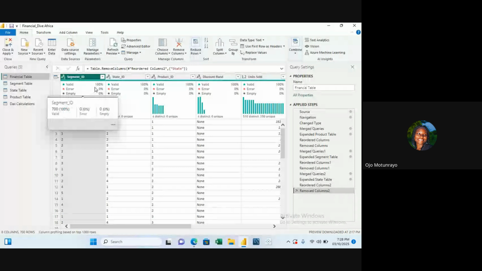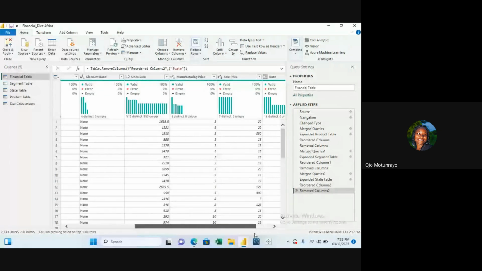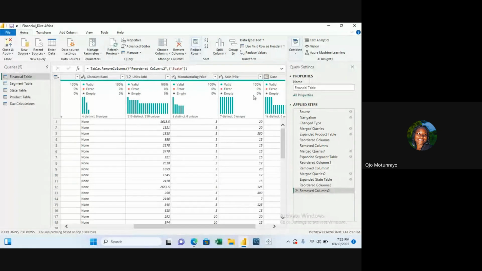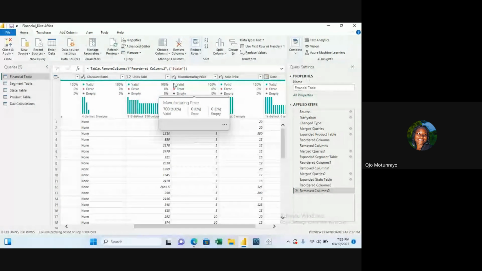So for us to get our total sales, that means we have to multiply our sales price times our units sold. All right. So that's how we'll be able to get our total sales. And this is fundamental because it will give you your total revenue.